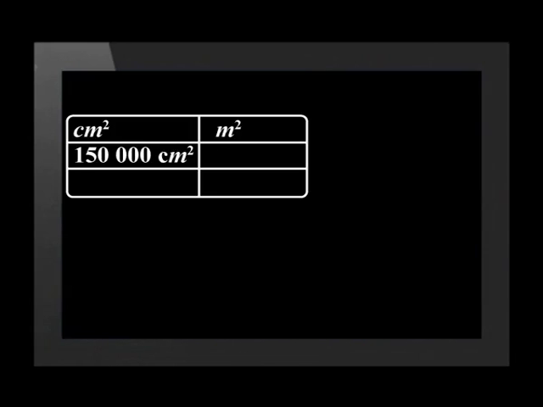In the last row, we fill in the conversion factor. Remember to add a squared because it is an area conversion. We fill in 100 squared under centimeters squared and 1 squared under meters squared. To find the answer, divide the values in the same column.